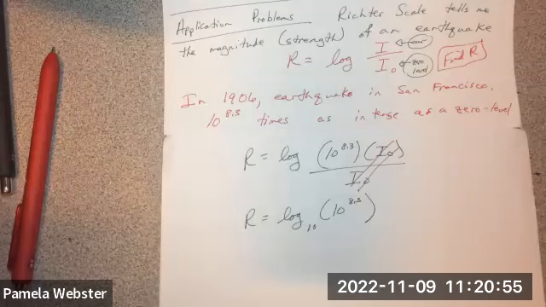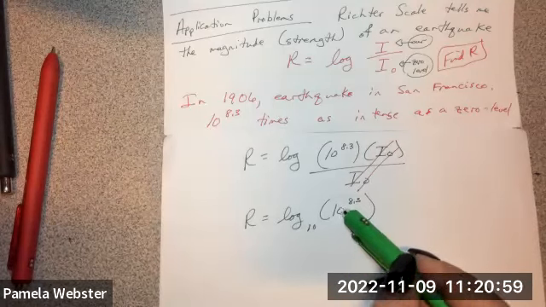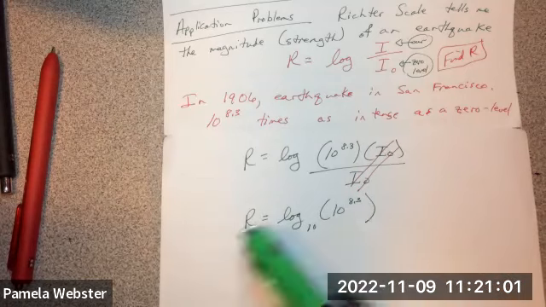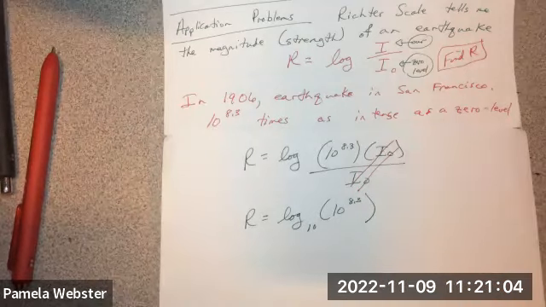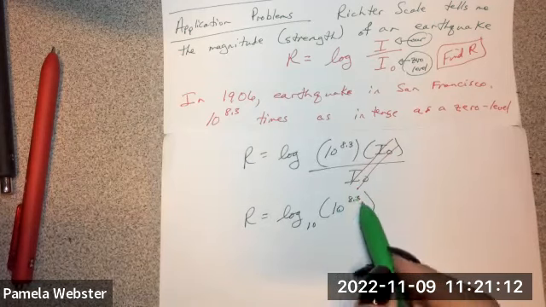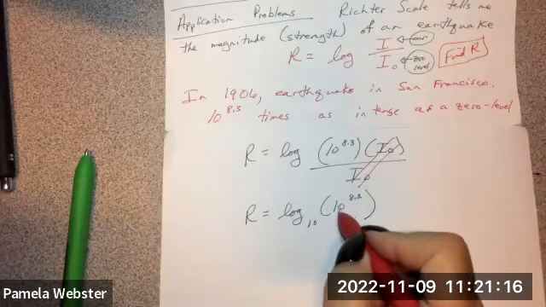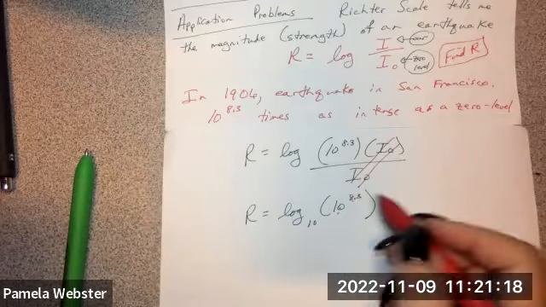But it's going to come in handy for us here because we've got a base 10 here and we've got a 10 raised to the exponent here. So if we start using some of our logarithm rules, then we know that the log base 10 of 10, we can do something with this exponent up here. Remember, I've got an exponent raised to an exponent.